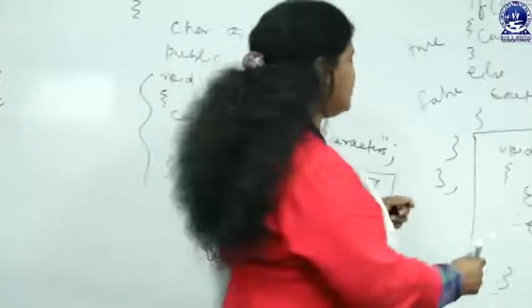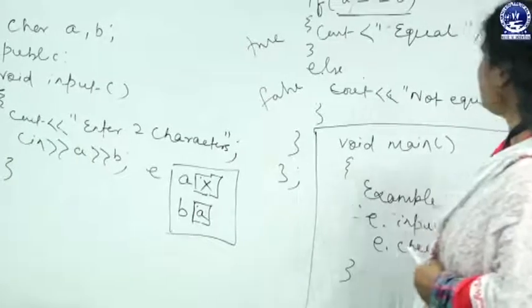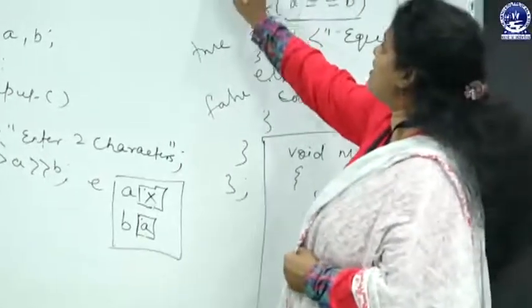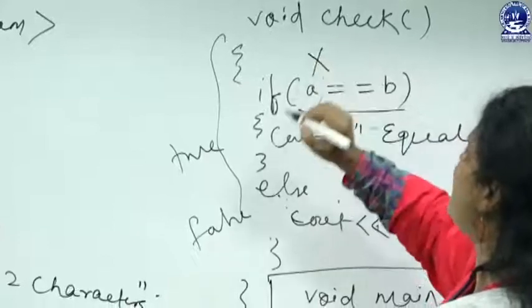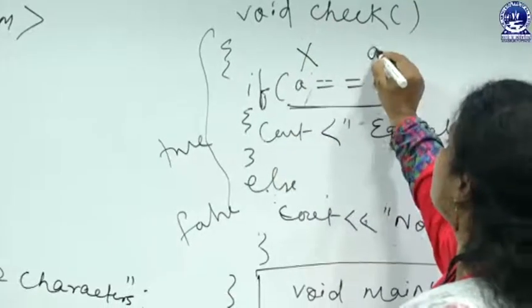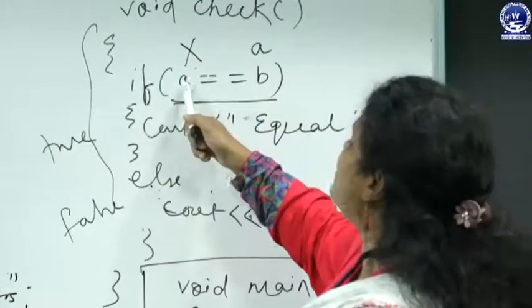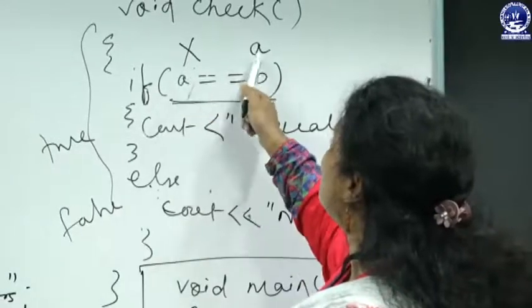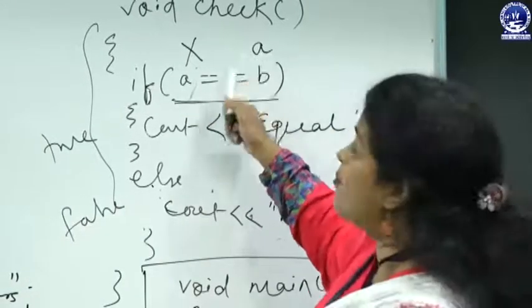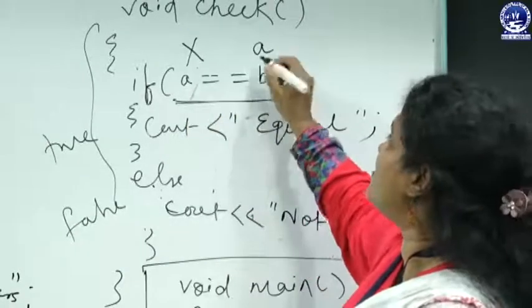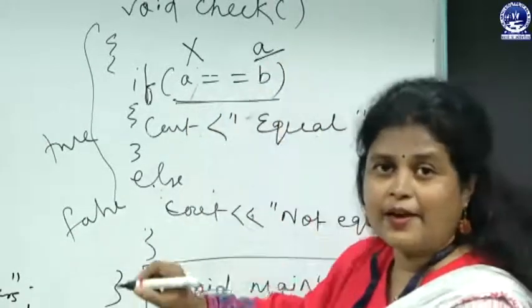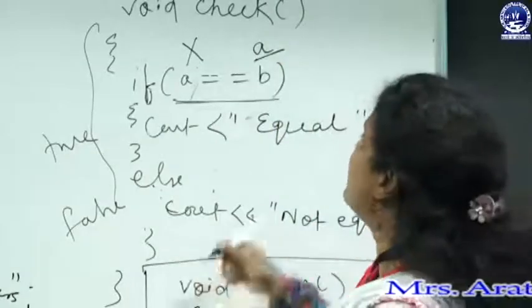Then when we are calling E dot check, this part will be executed, and A consists of capital X and B consists of small a. Here I am using A, and also here I have used A, but this A is the name of the variable and this A represents a character value. So, these two are different.